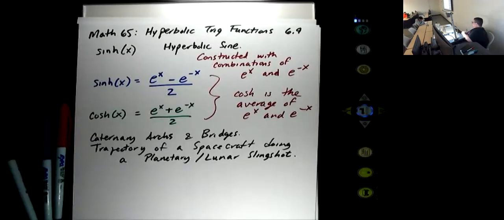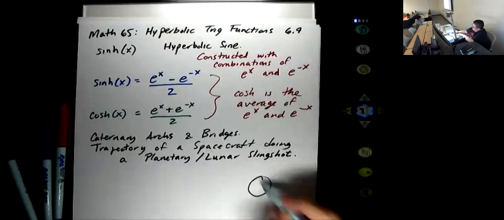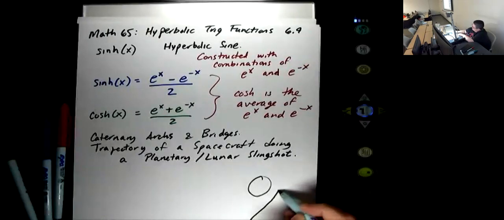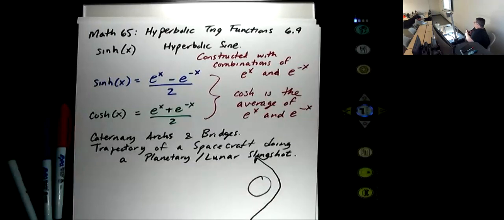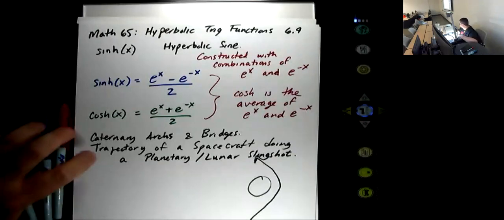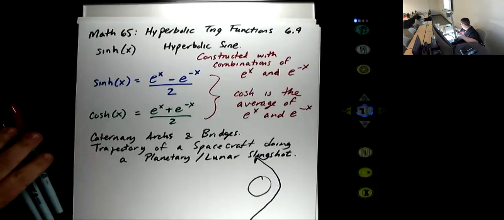The act of getting pulled in accelerates the craft a little bit, and it slingshots out. That is a hyperbolic arc as well. So there's plenty of uses for them. There are also applications in special relativity.